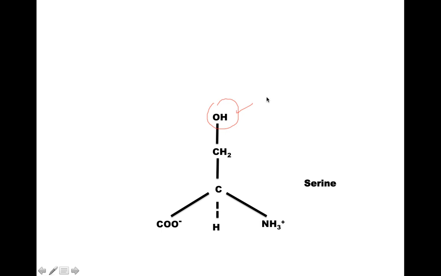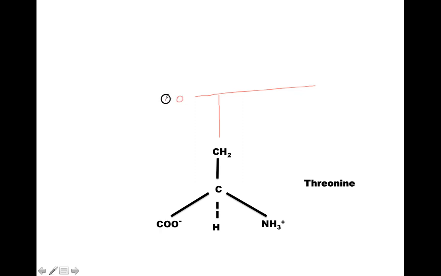Another alcohol containing amino acid is threonine. To remember the structure of threonine, it's very simple. You make a T like this. T for threonine, and T is the structure.